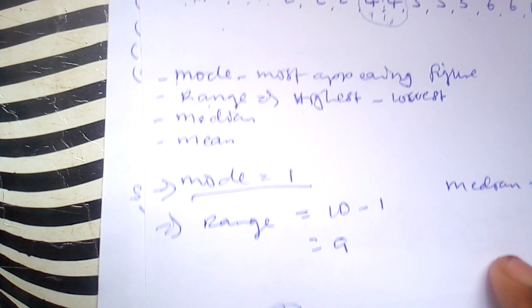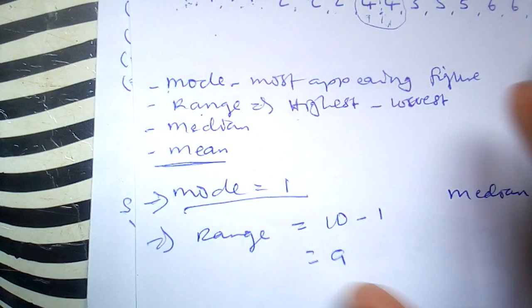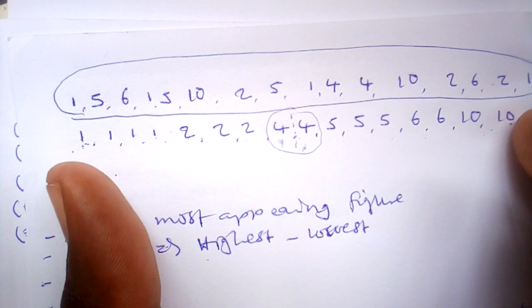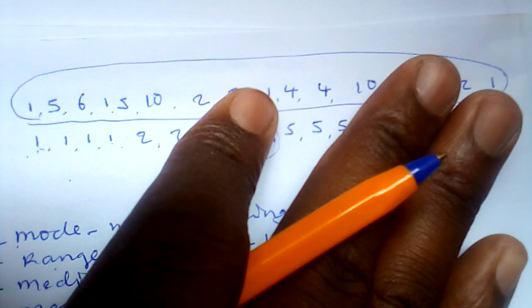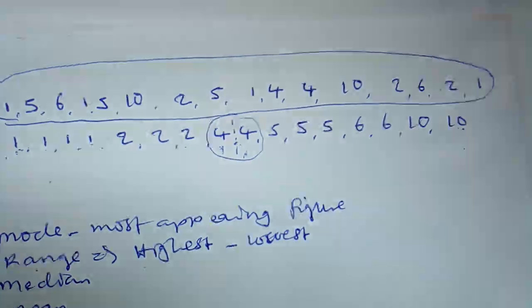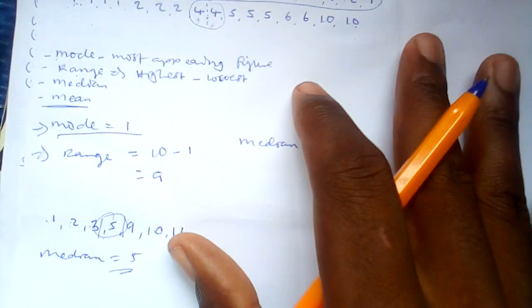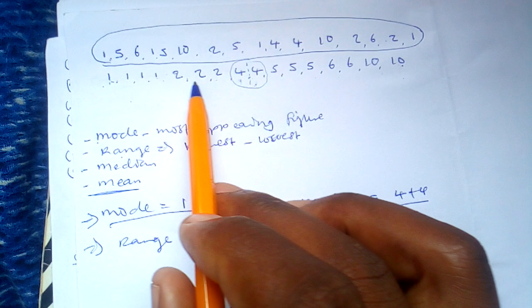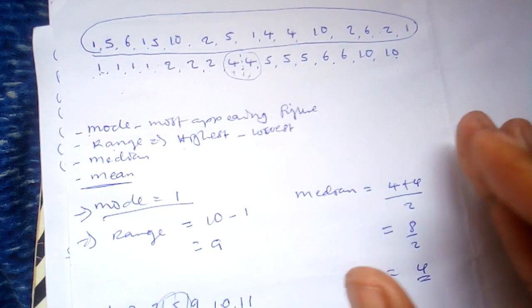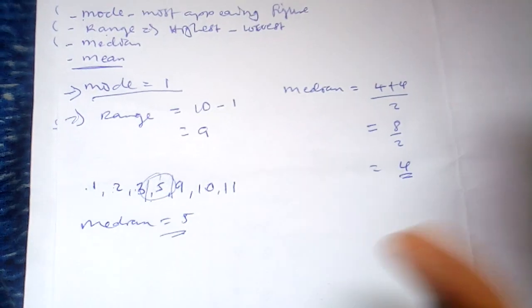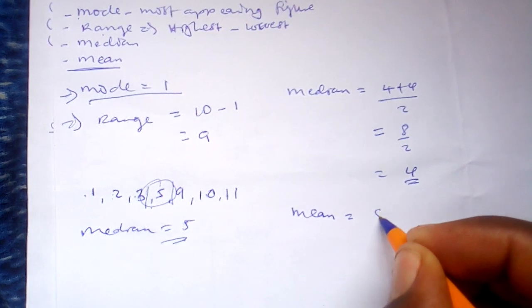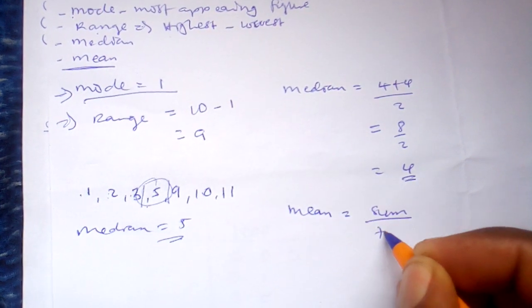So the next thing that we are going to look at is how you find the mean. Finding the mean from the data set given is more like finding the average. So finding the average or the mean is you add all these numbers and divide by the total. So we will say the mean is equal to sum over n.